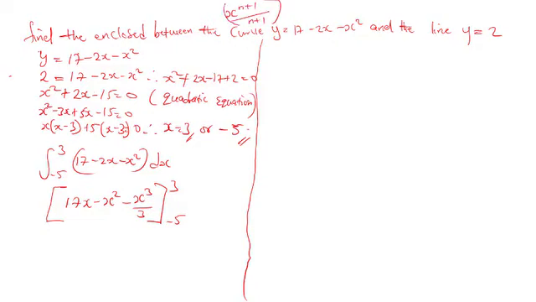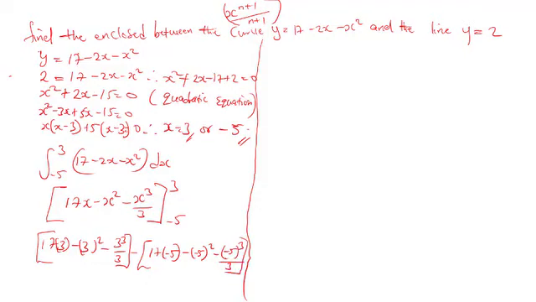Now let's substitute the value of 3: 17 times 3 minus 3 squared minus 3 cubed all over 3, minus, you open the next bracket, 17 times minus 5 minus minus 5 squared, then minus minus 5 cubed all over 3.